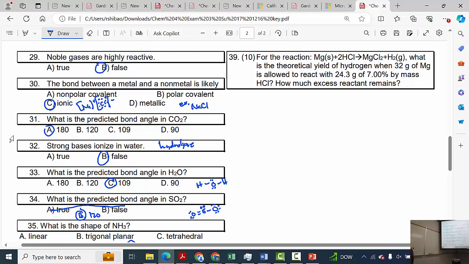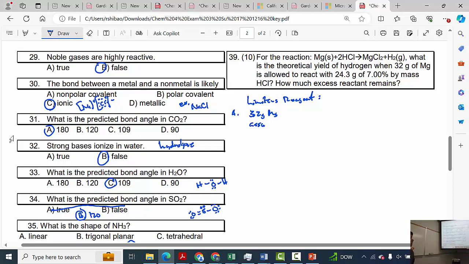What is the theoretical yield of hydrogen when 32 grams of magnesium is allowed to react with 24.3 grams of 7.00% by mass HCl? And so this is an example of a limiting reagent problem. I like to do limiting reagent by the comparison of moles or the smaller amount method.